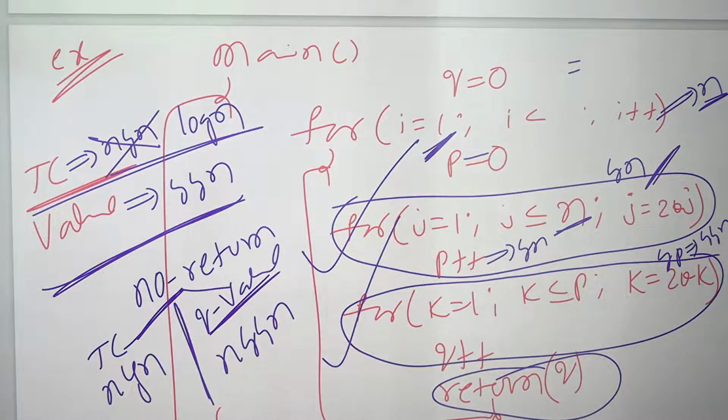One time log n is over, return is not there, so go back again. I is equal to 2, P value becomes 0 and then the next log n, so Q becomes Q plus plus. Every time log n, n times, so n log n. So with no return, the time complexity is n log n and the Q value is going to be n log n.